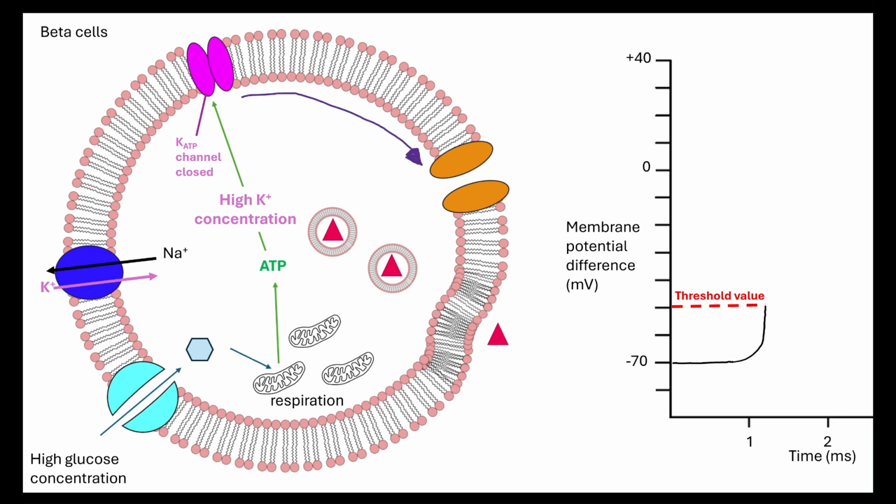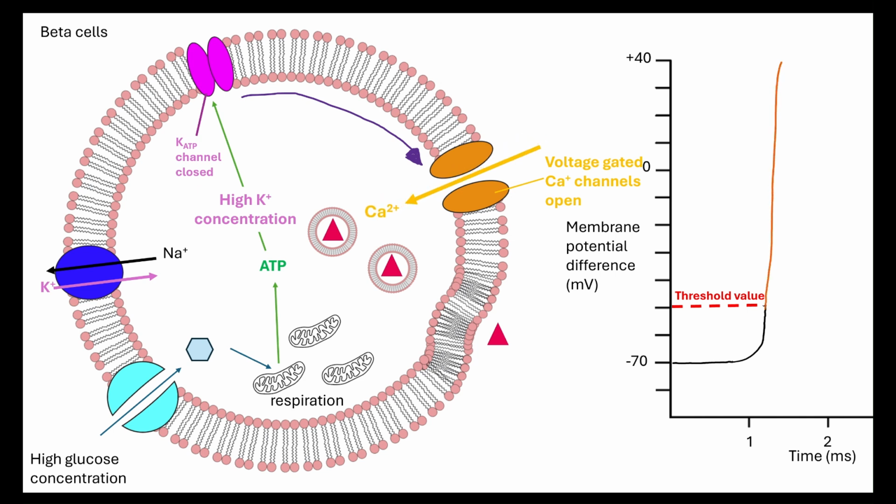Well, what that does is cause what's known as depolarization of the membrane. So the membrane becomes depolarized. And if you remember, my voltage gated calcium channels were voltage gated. If the membrane becomes depolarized to the point where it reaches the threshold value, that is going to mean that those voltage gated calcium channels will open.